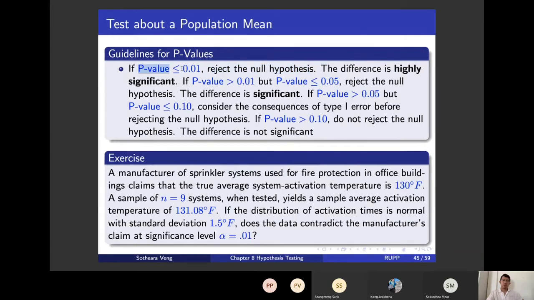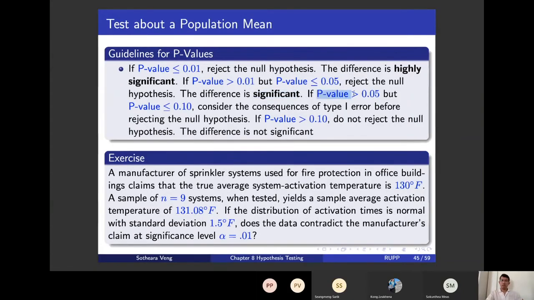It's because the lowest significance level statisticians always use is 0.01, and now we found that the p-value is less than this value. But if the p-value is greater than this but lower than 0.05, reject the null hypothesis, but the difference is significant, not highly significant. You still reject, but the strength of your rejection is significant.